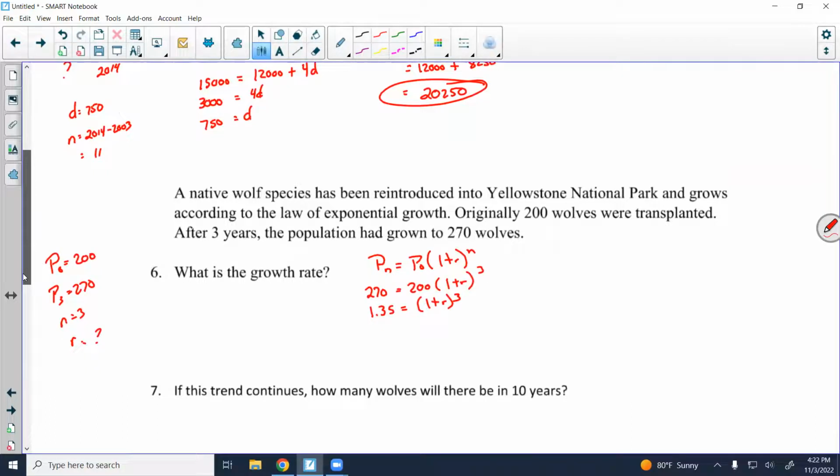So now I need to take the cube root or the third root of both sides. So the cube root of 1.35. To key this in, I simply do 1.35, hit my caret button, open a parentheses, hit 1 divided by 3, close parentheses.